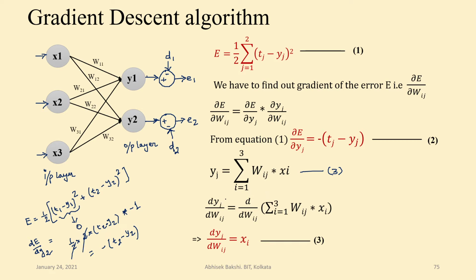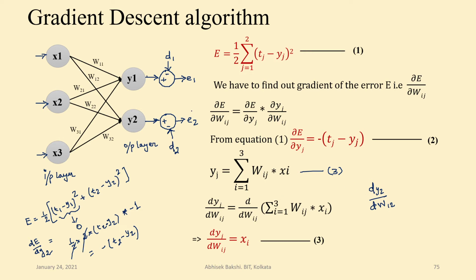If you want to find out dyj with respect to del wij, you see that for a specific wij, one wij will be left and the other wij will get cancelled out. For example, if you want to find out del y2 with respect to del w12, suppose i is 1 and j is 2, so you want to find out dy2 by dw12. What will happen?